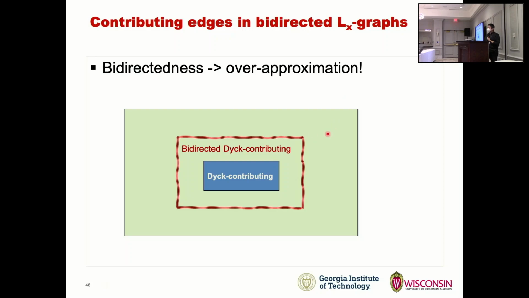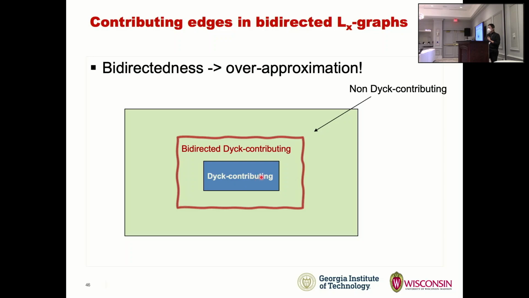So in the green area, everything is non-Dyck contributing in your original graph. We know how to compute the bidirected Dyck contributing edges, so if we compute a complement of this set, we end up with some node pairs here, and for those edges, we know that they will definitely not be Dyck contributing to the original graph.